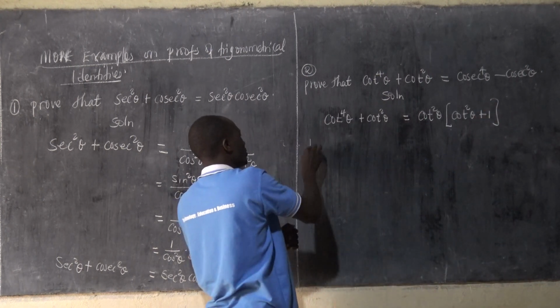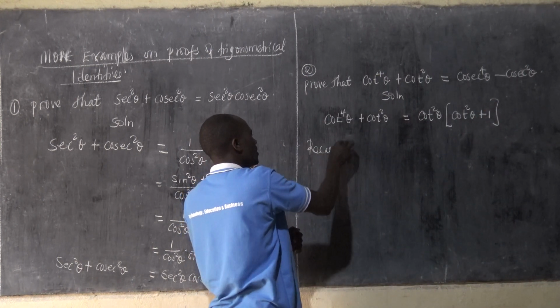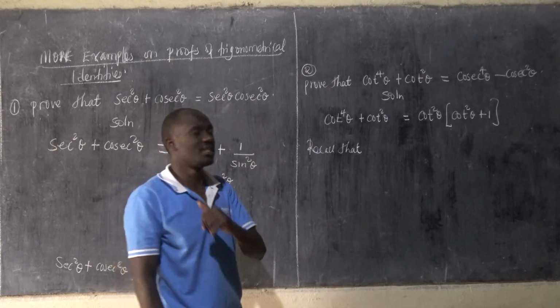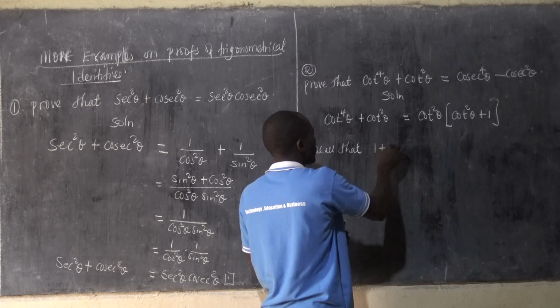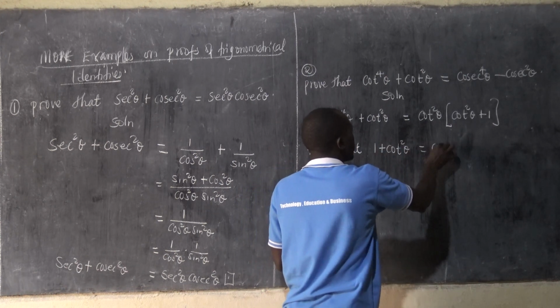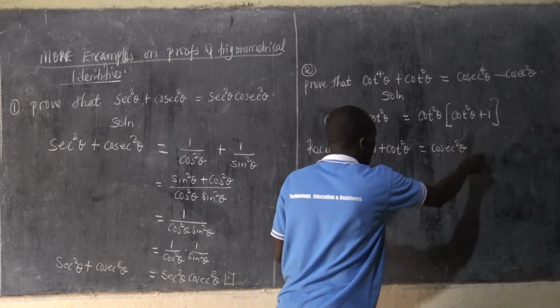But recall from the identity which we proved, that 1 plus cot squared theta gives us what we call cosec squared theta.